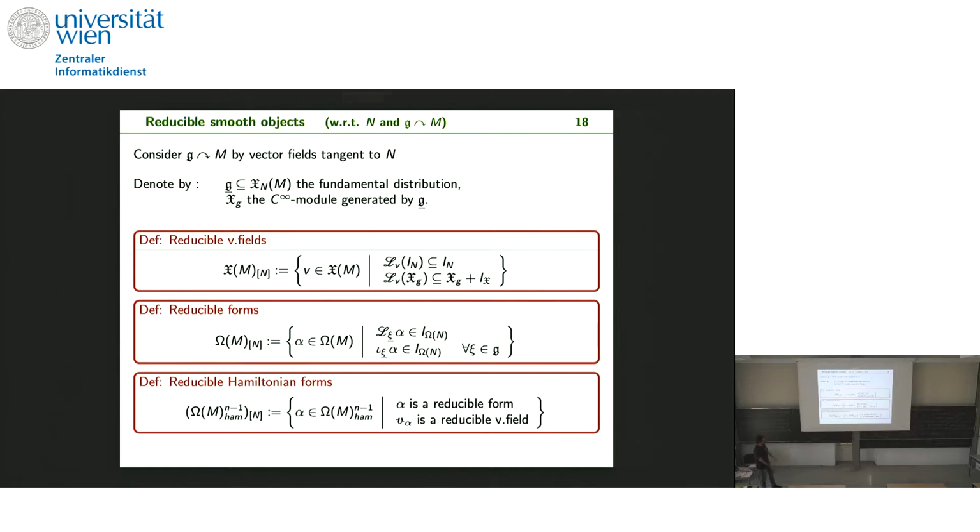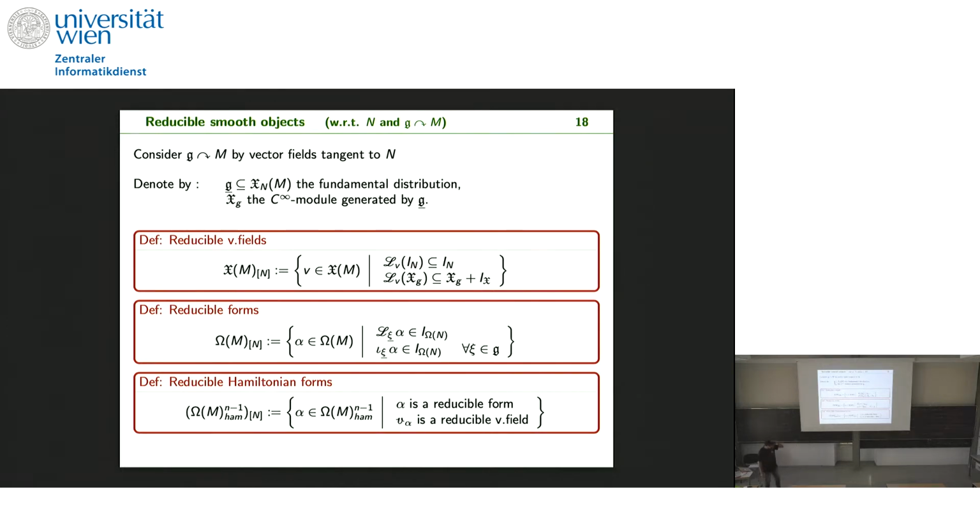Okay, and putting these notions together, we can talk about reducible Hamiltonian forms, because these are Hamiltonian n-1 forms, such that the form is reducible, and the corresponding Hamiltonian vector field is reducible in this sense. And in particular, it's never true that the first condition implies the second or the opposite. So these two are independent.